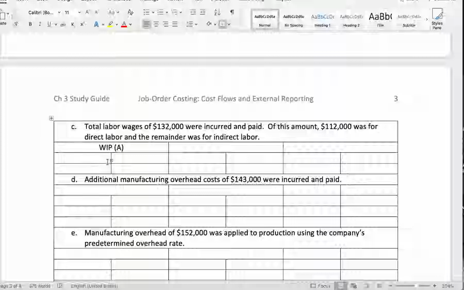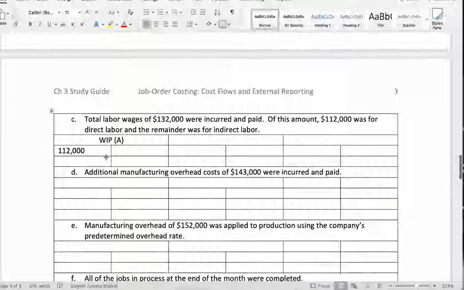So what is the debit amount for WIP? Well, it's 112,000. Why is it 112,000? I'm hoping you said that's because it's the direct costs. So the MOH is the next thing we need to hit, the manufacturing overhead. The left side, the debit side, is what is applied.